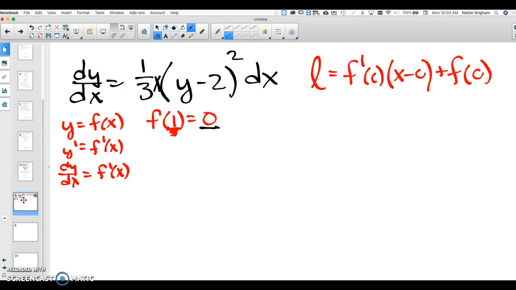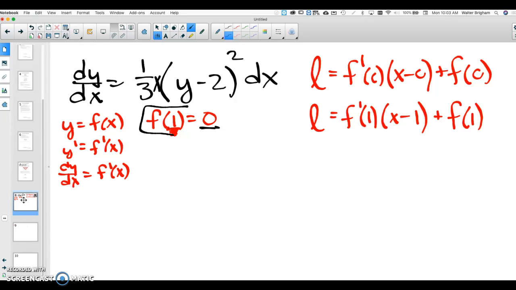So I can fill some information in. L equals f prime of 1 times (x minus 1) plus f of 1. So all the information I need is going to be floating around back here somewhere. So let's go ahead and take a look. Well, I know what f of 1 is. f of 1 is 0. So L can be equal to, we'll put a plus 0 on there, f prime of 1 times (x minus 1).